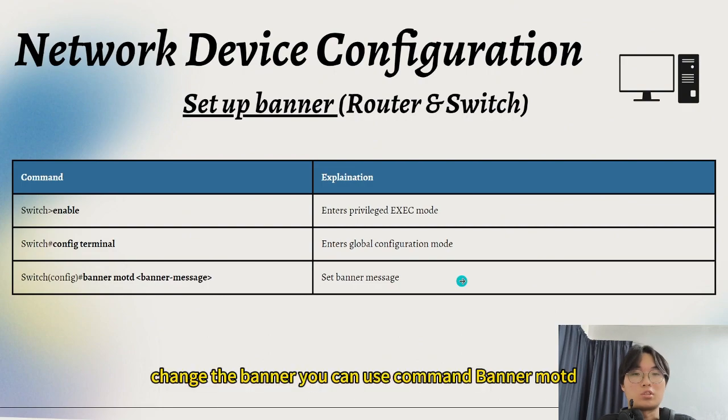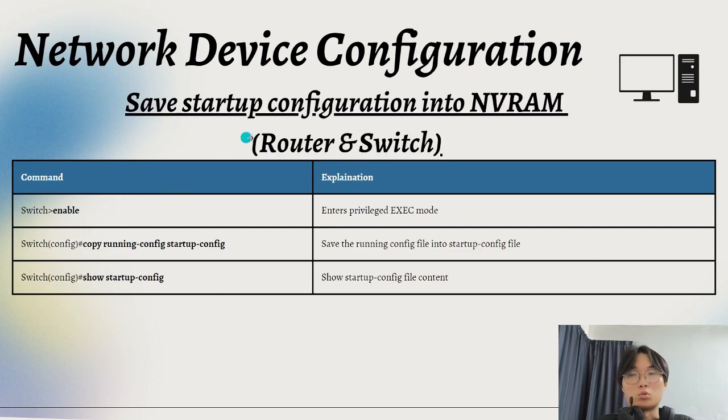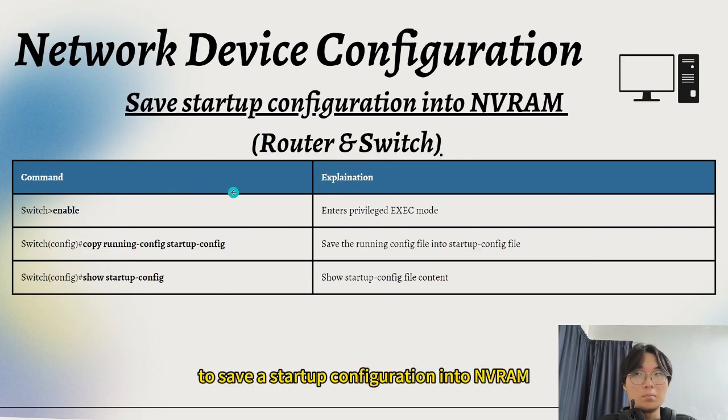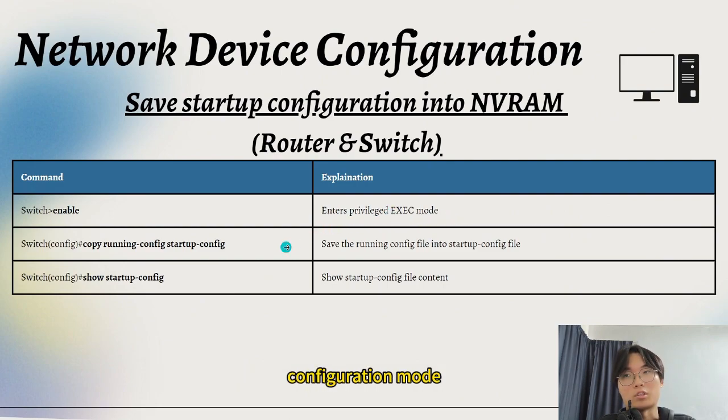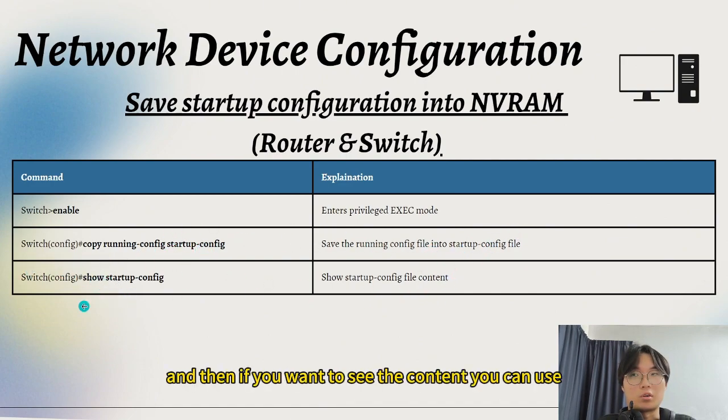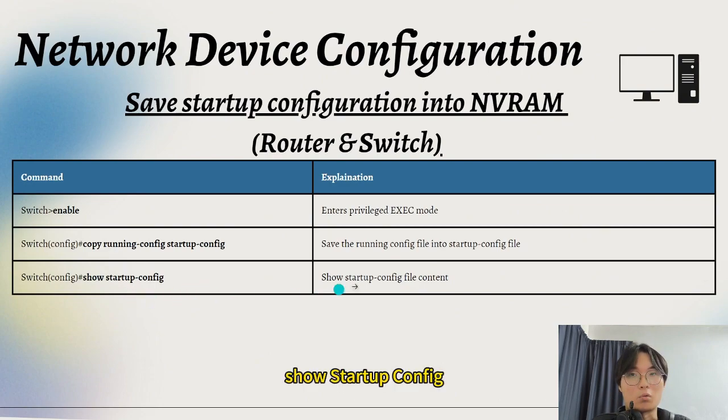To change the banner, you can use the command banner motd and then select the message that you want. To save the startup configuration into NVM, we can use a command, but no need to enter the global configuration mode. So we use copy running-config startup-config, and then if you want to see the content, you can use show startup-config.